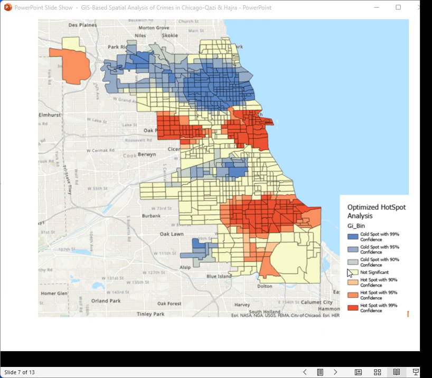This method considers the spatial arrangement of features, allowing us to pinpoint areas where crimes diverge significantly from the expected norm. The result is a more nuanced understanding of the intensity and distribution of crime hotspots, akin to uncovering the beating heart of crime in the city.